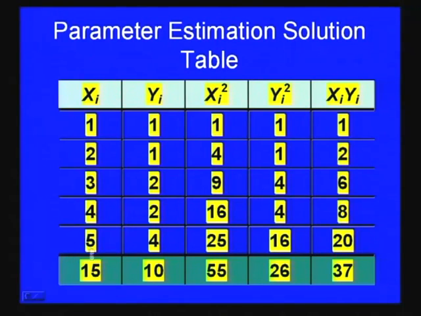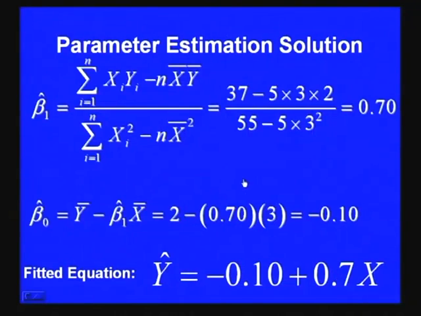This table shows summation xi equal to 15, summation yi equal to 10, summation xi square equal to 55, summation yi square equal to 26, and summation xi yi is equal to 37.